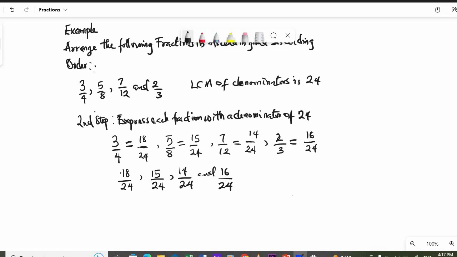Now, descending order, remember, it's from the biggest to the smallest. The biggest is what? 16, right? Remember, we're focusing on the numerators alone. I'm sorry, the biggest is 18. That's 18.